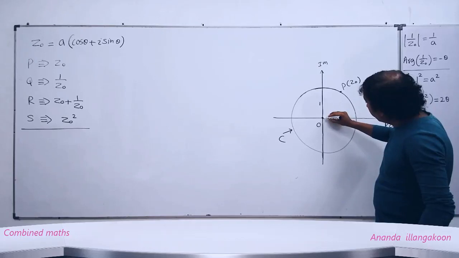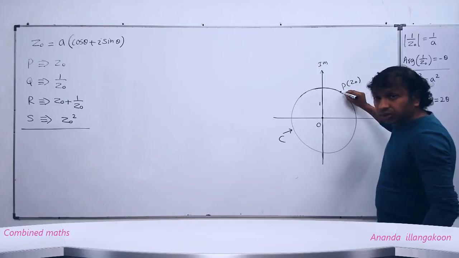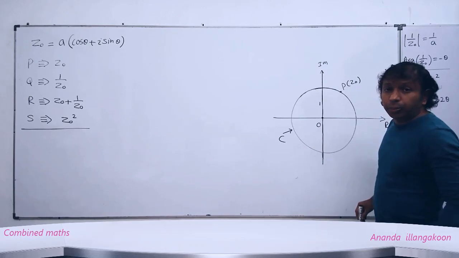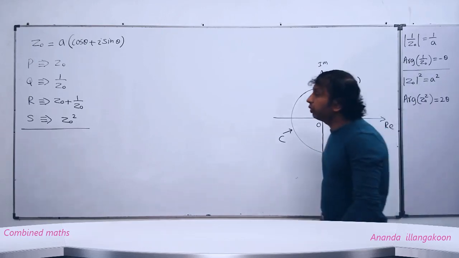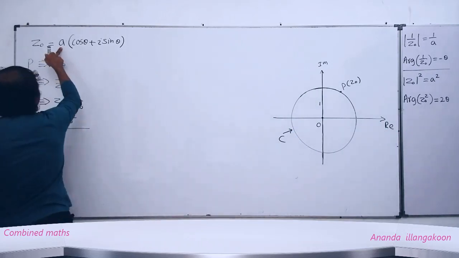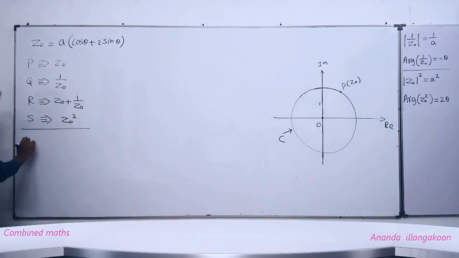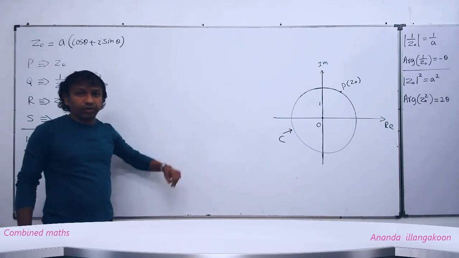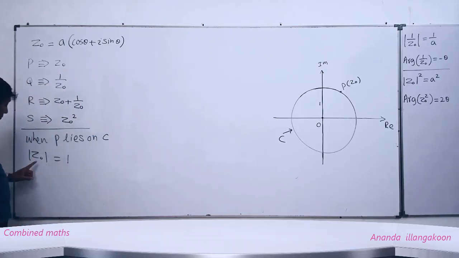The distance from origin to the complex number is what we define as the modulus of the complex number. The modulus of Z0 is A. Then when P lies on C, Z naught modulus should be equal to 1 because the radius of the circle is 1. But Z naught modulus means this figure A. Therefore, A equals 1.